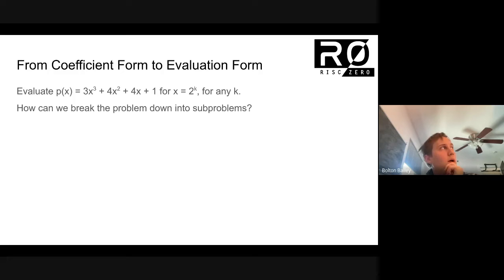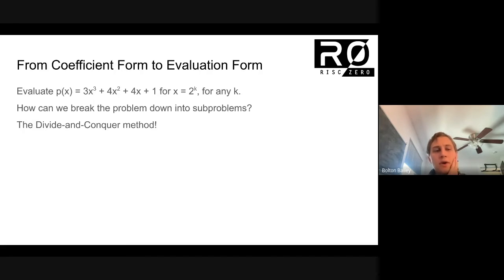A good thing to think about when you're trying to design a fast algorithm is what is a good way of breaking the problem down into subproblems. This is the so-called divide and conquer method, which is very powerful throughout algorithms. If you ever have to write a fast algorithm, divide and conquer is probably the way you do it.